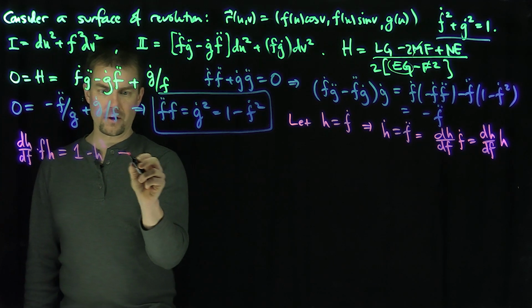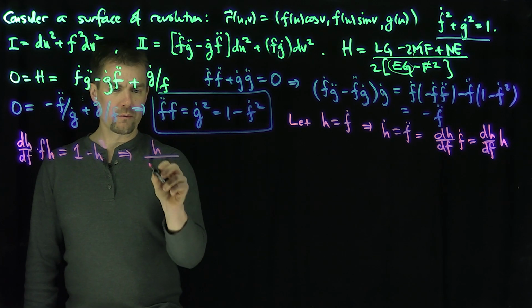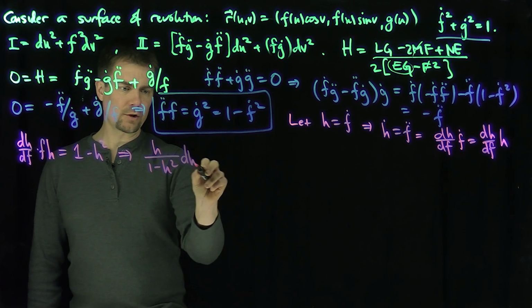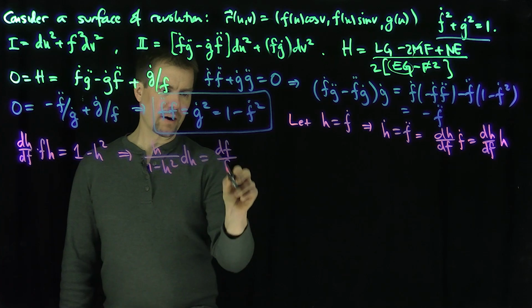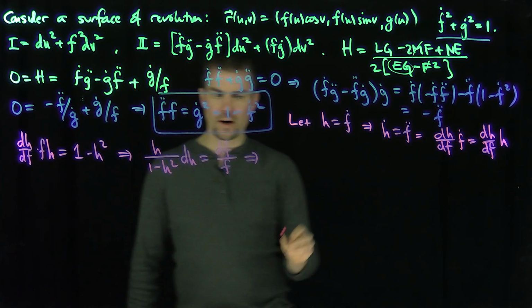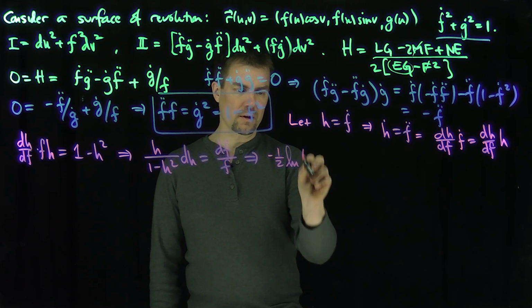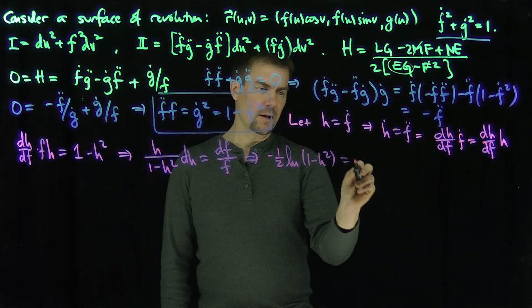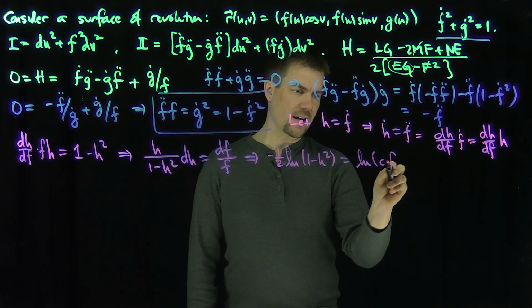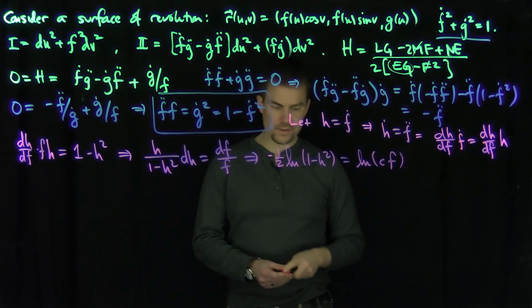So now I can write this in the following way. This is h over 1 minus h squared dh is equal to df over f. So if I integrate this, I'm going to get negative 1/2 the logarithm of 1 minus h squared is equal to the log of a constant c times f, like so. Great.